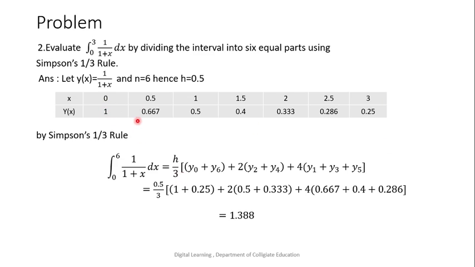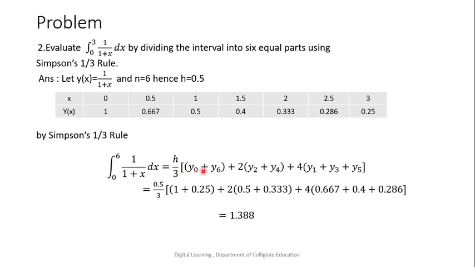The sum of extreme terms in the table is y0 plus y6, plus 2 times the even ordinates. The even ordinates from y0 to y6 are y2 and y4, plus 4 times the odd ordinates.